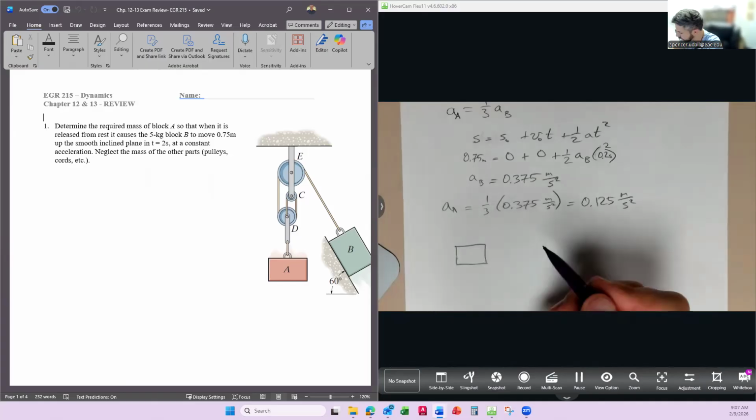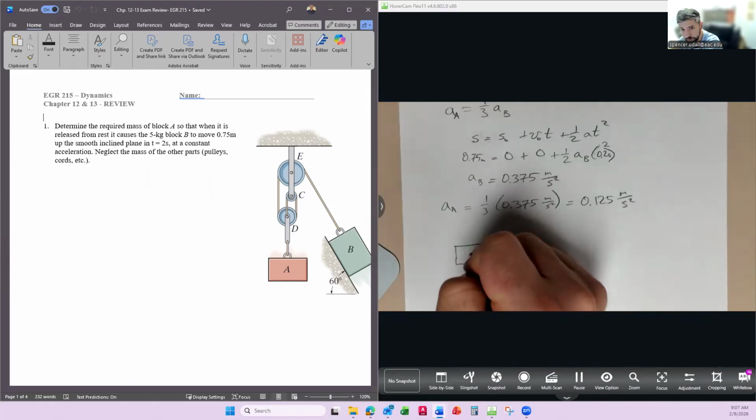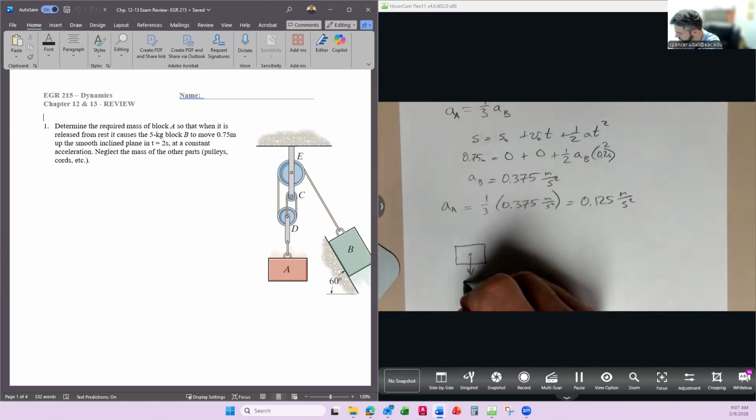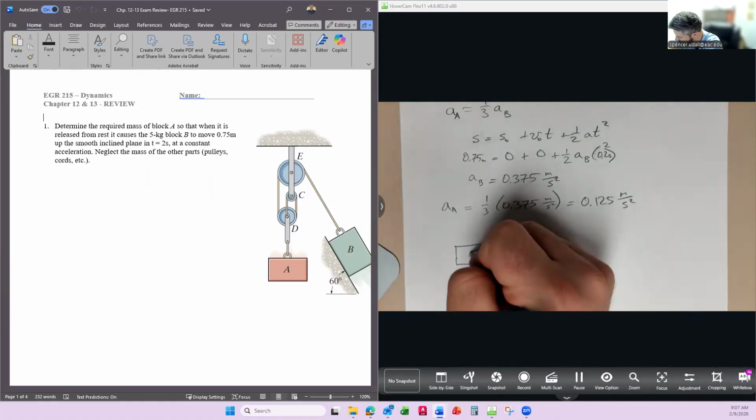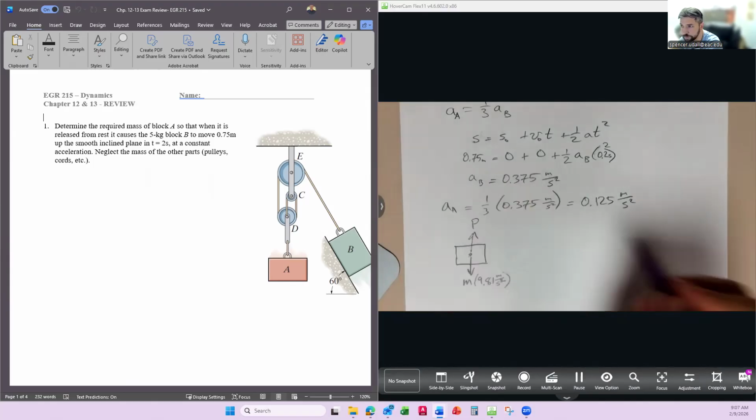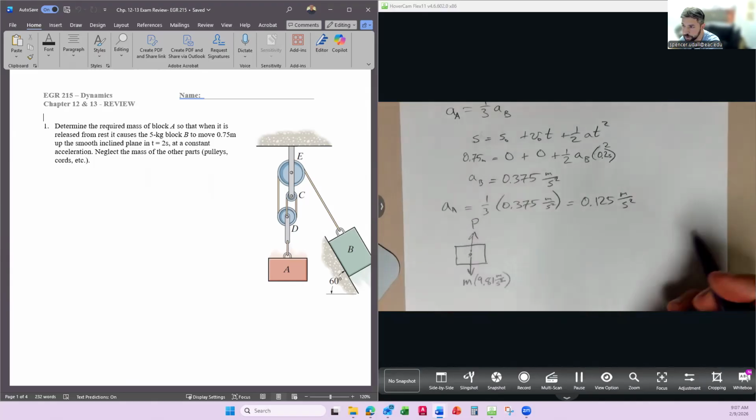A has the box. It's got its weight, which is some unknown mass times 9.81 meters per second squared. It's got the tension, whatever that P is. Any other loads there?